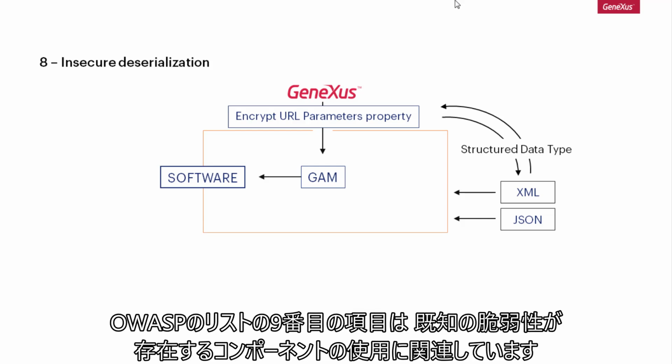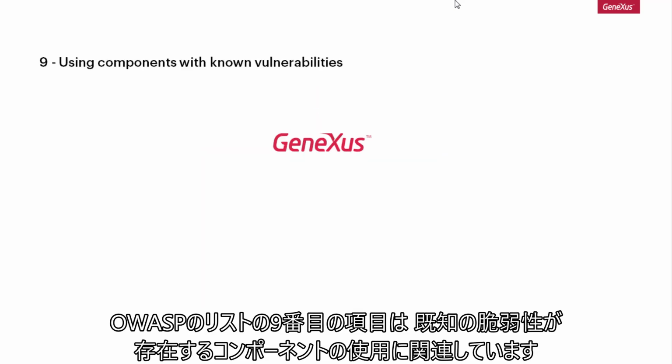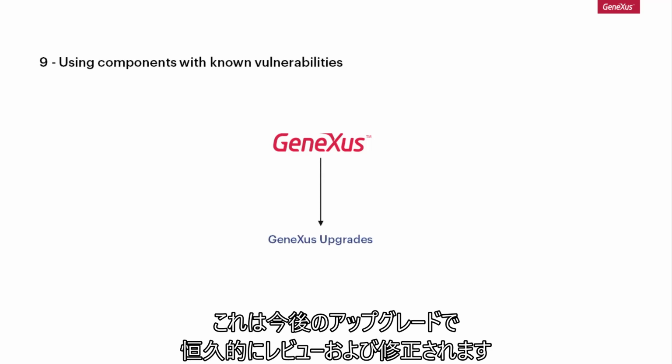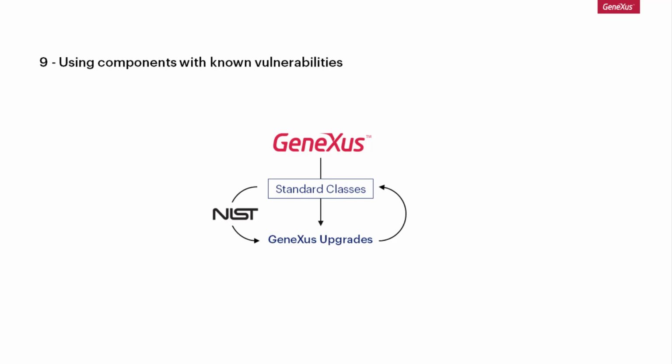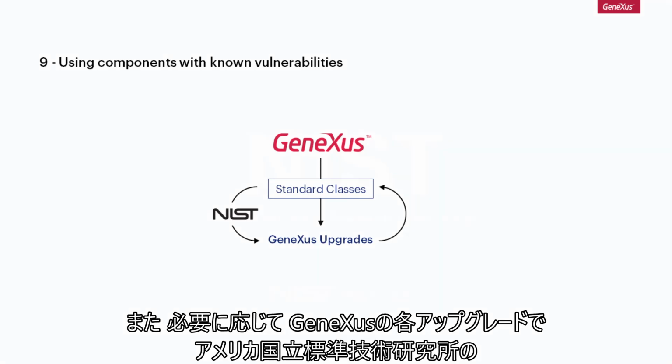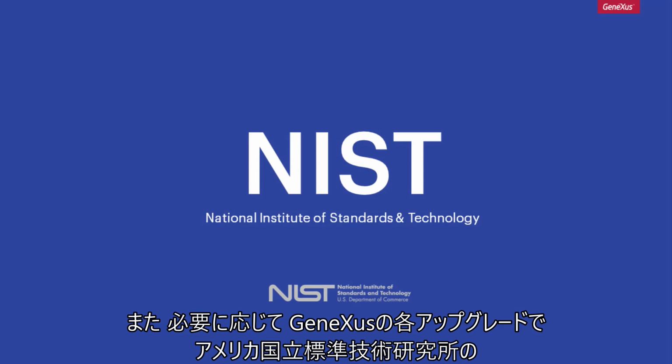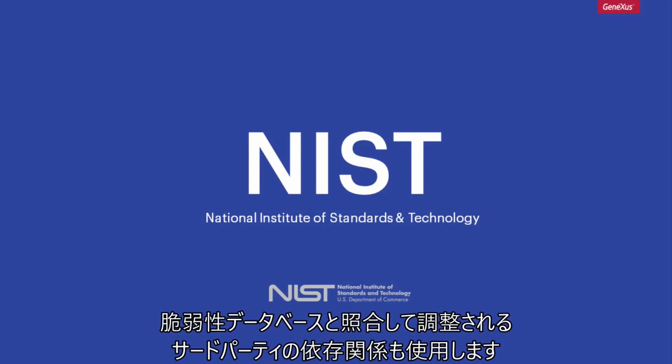The ninth item on the list of the Open Web Application Security Project relates to the use of components with known vulnerabilities. For this purpose, GeneXus has its own standard classes that are permanently reviewed and corrected in subsequent upgrades. It also uses third-party dependencies that are tallied against the vulnerability database of the National Institute of Standards and Technology, with the necessary updates in each GeneXus upgrade.